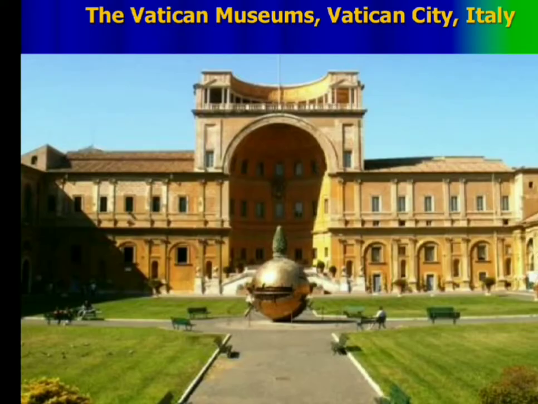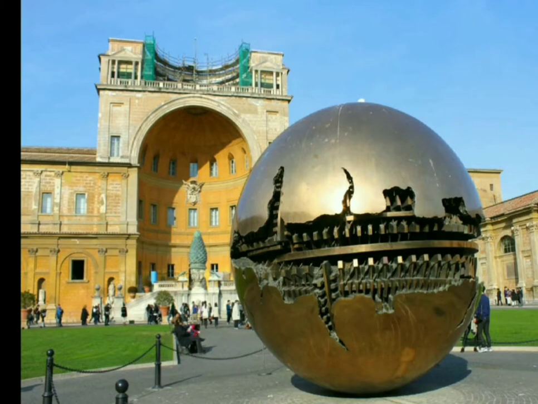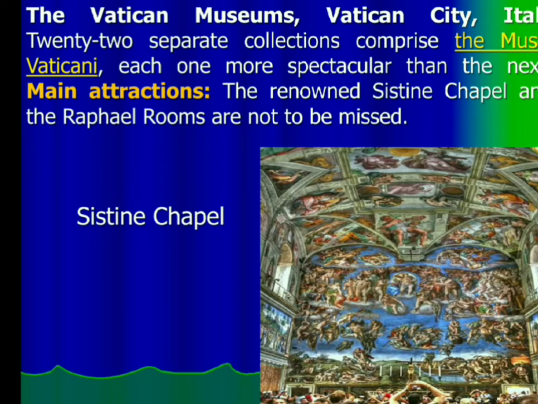The next one is the Vatican Museum, which is located in Italy, in Vatican City. You see a very interesting attraction in front of the entrance of this museum. The Vatican Museum's main attraction is the Sistine Chapel.